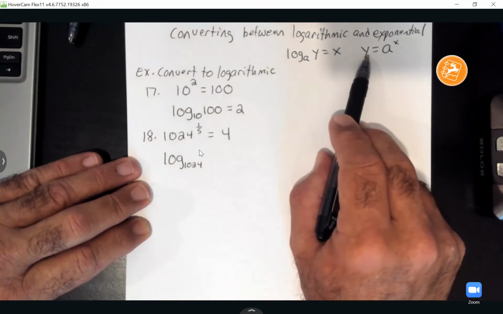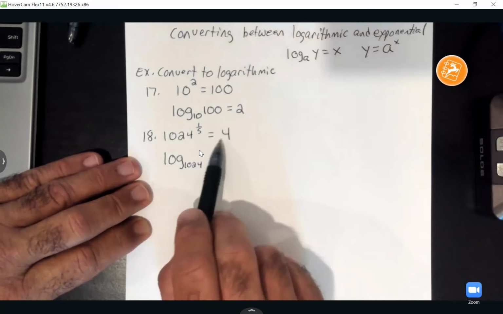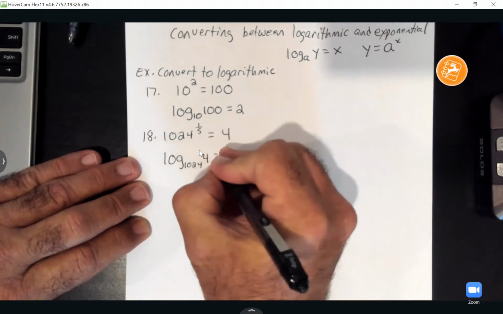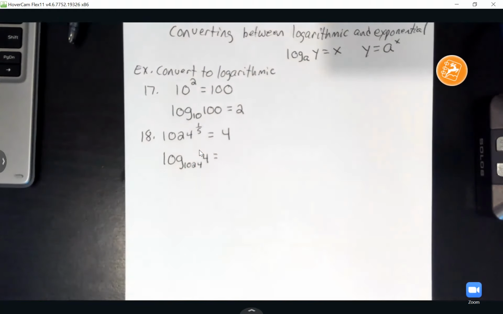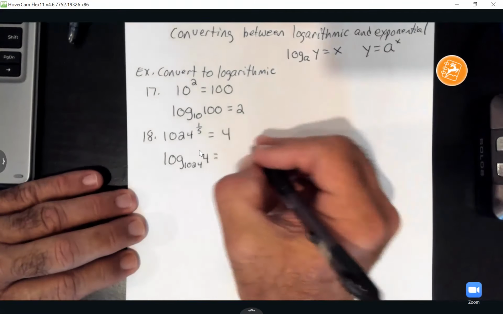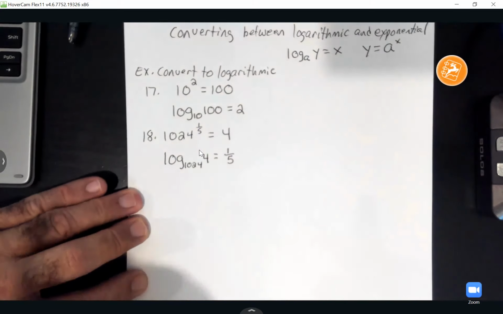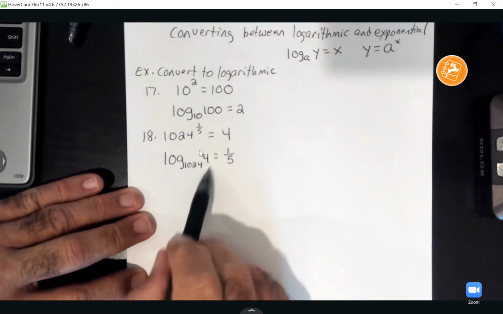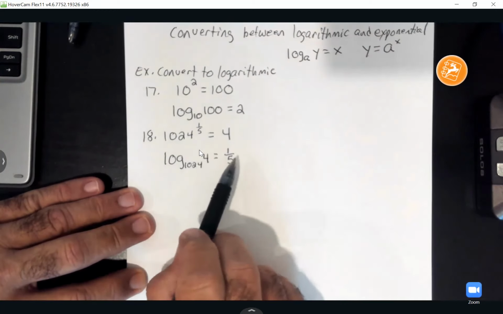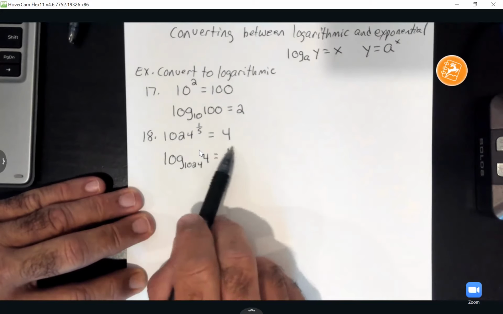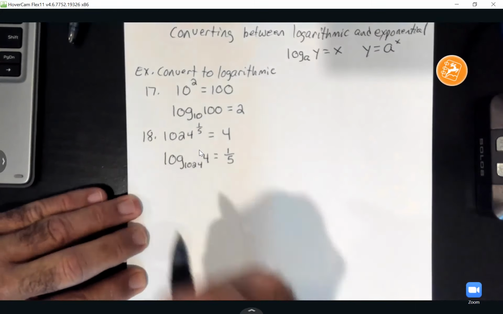Well, the y was the result of the other one, so the result is the 4. And then what's the exponent that equals? 1/5. So you got to remember this. This whole logarithm, all it's doing is finding the exponent. So the exponent is always the right side when you got the logs, okay?